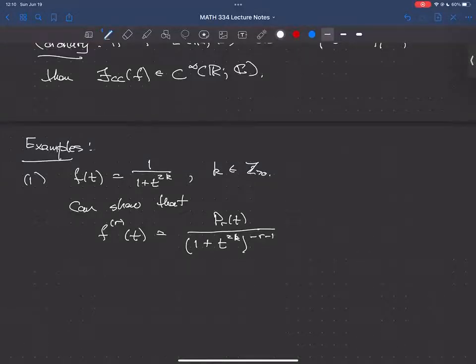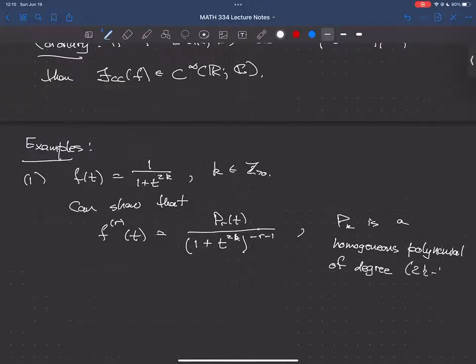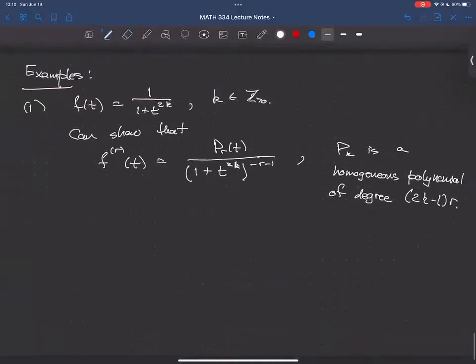And what's p_r? p_r is a homogeneous polynomial of degree (2k minus 1) times r. You can just prove that by induction.